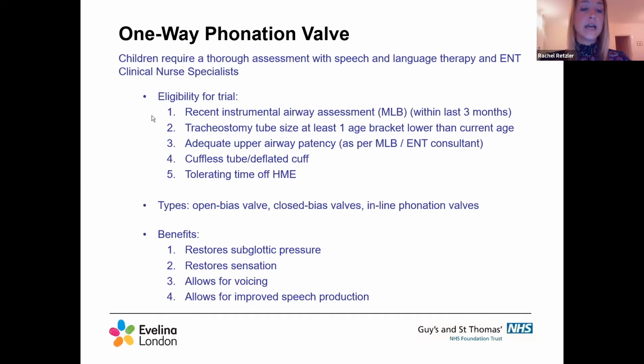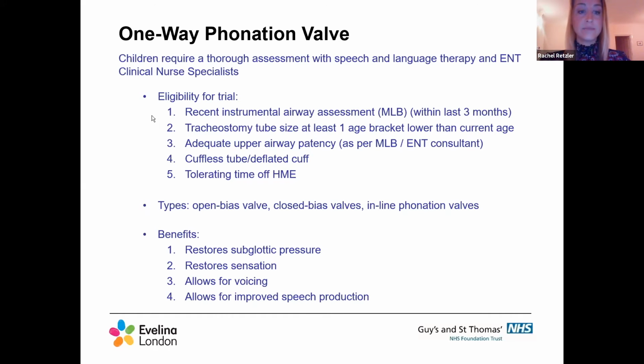Eligibility for trial of a valve that we use at Evelina is to have a recent instrumental airway assessment, a microlaryngoscopy and bronchoscopy, otherwise known as MLB, ideally within the last 3 months, because as we know with upper airway, sometimes our children's airways will change. So within the last 3 months gives us a good recent understanding of their airway patency.